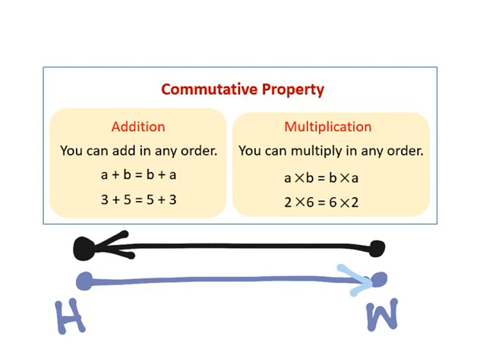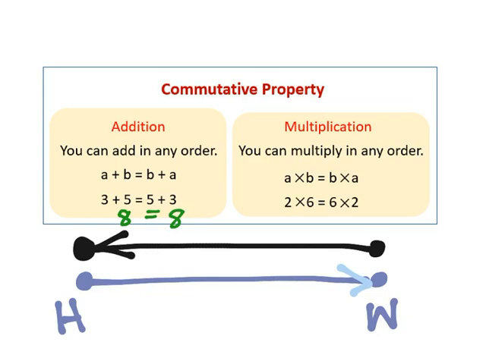The first example on the addition side is 3 plus 5, which is going to give us 8 no matter what. And if we switch the order, 5 plus 3, it's still going to give me 8. So they're still equivalent. Multiplication, same thing.